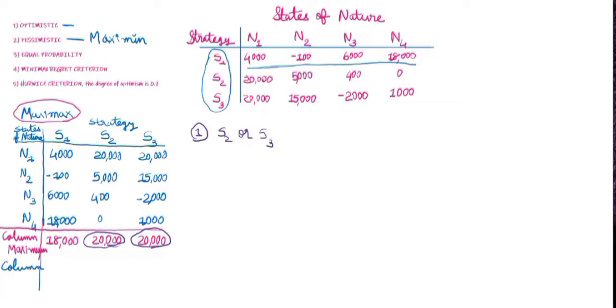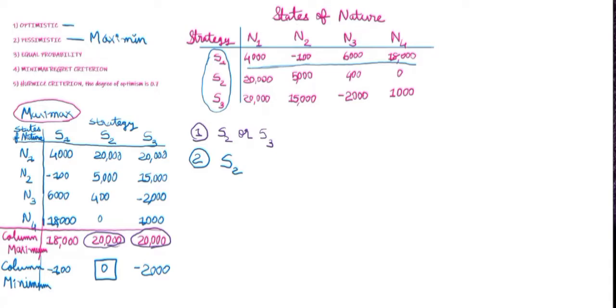Here only we'll write it as column minimum. Now for each of the columns we'll find the minimum values. So for the first column it is -1000, for the second it will be 0, and for the third it is -2000. From here you need to find the maximum value. From these three values our maximum value is 0. Hence the decision maker will adopt the strategy S2. The answer to question 2 is S2.